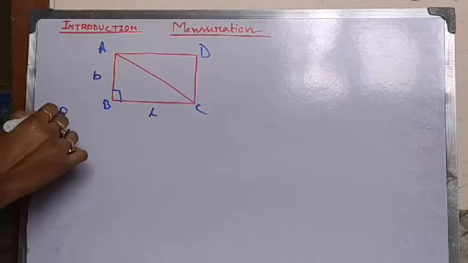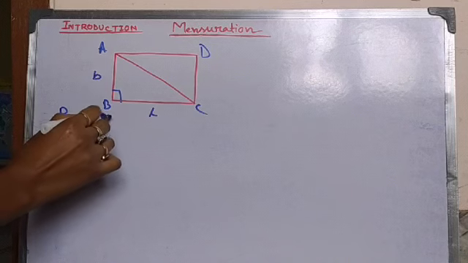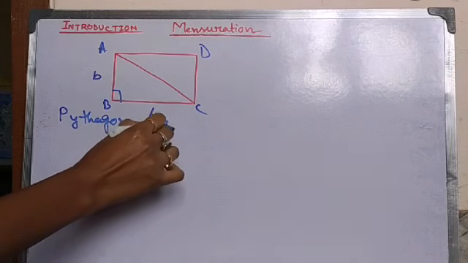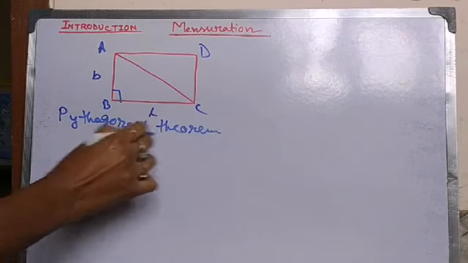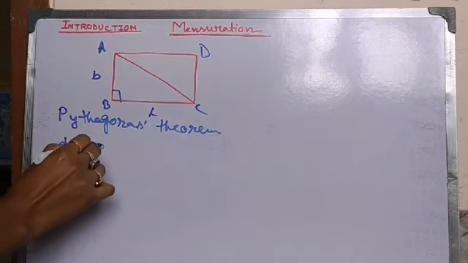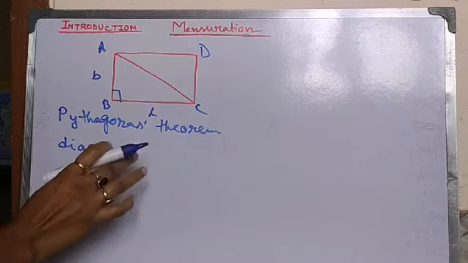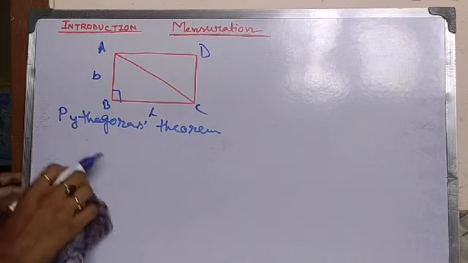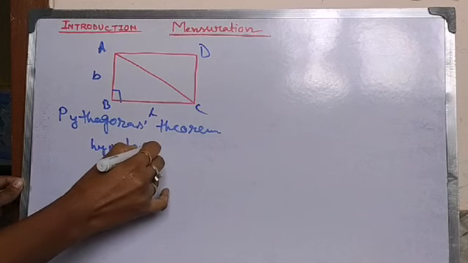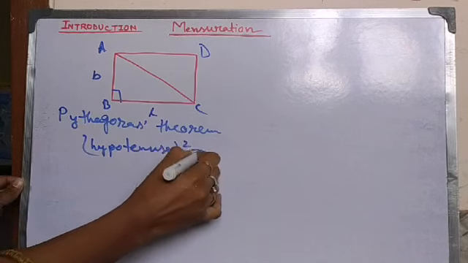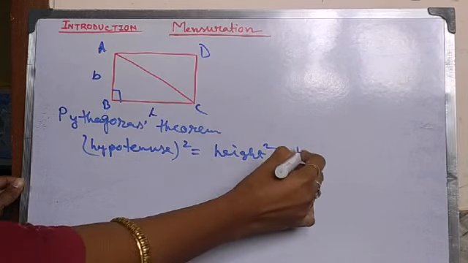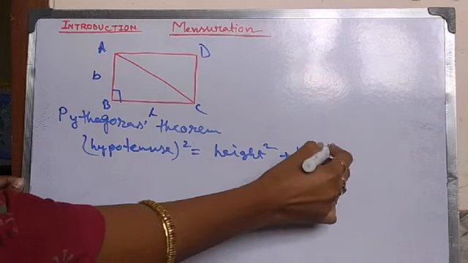So by Pythagoras theorem, hypotenuse square equals height square plus base square.